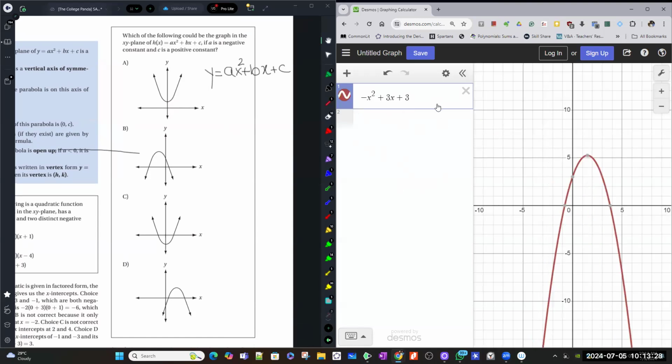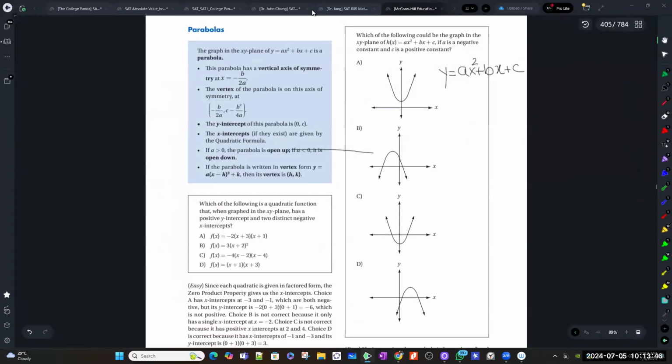You could quickly do this, and then you'll realize the option that I can match is not A, not C, since a was negative. What does a do? It is responsible for managing the shape of the graph.